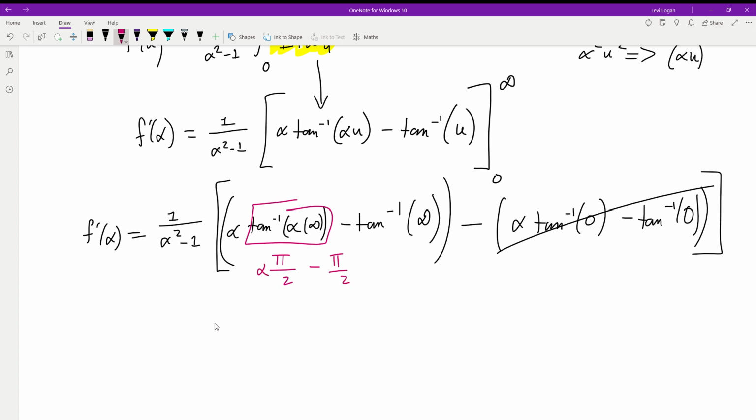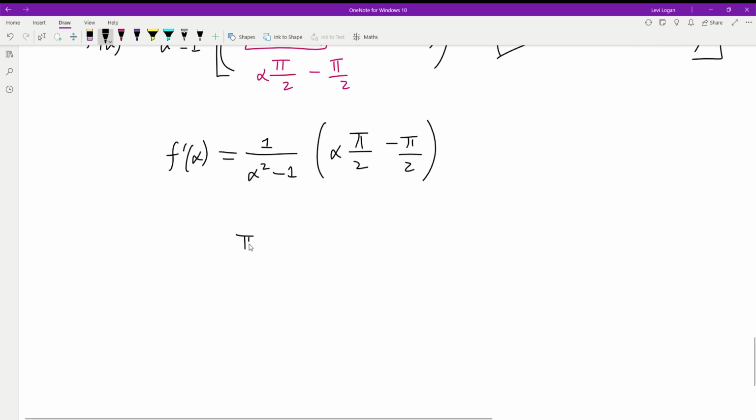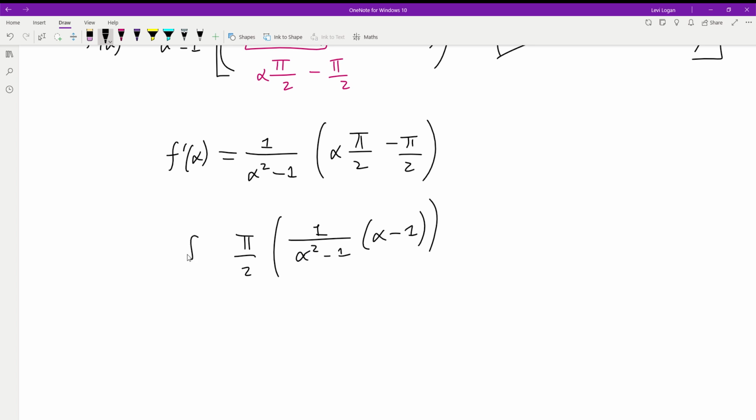But this is times by alpha, so what we have is pretty much, alright, f dash of alpha is 1 over alpha squared minus 1 of alpha pi on 2 minus pi on 2. What we can do is take out a factor of pi on 2, so I have pi on 2 out of pretty much 1 on alpha squared minus 1 multiplied by alpha minus 1. And we can simplify this a little bit because we can change the bottom bit of this fraction here, because alpha squared minus 1 is the same as alpha plus 1 multiplied by alpha minus 1.